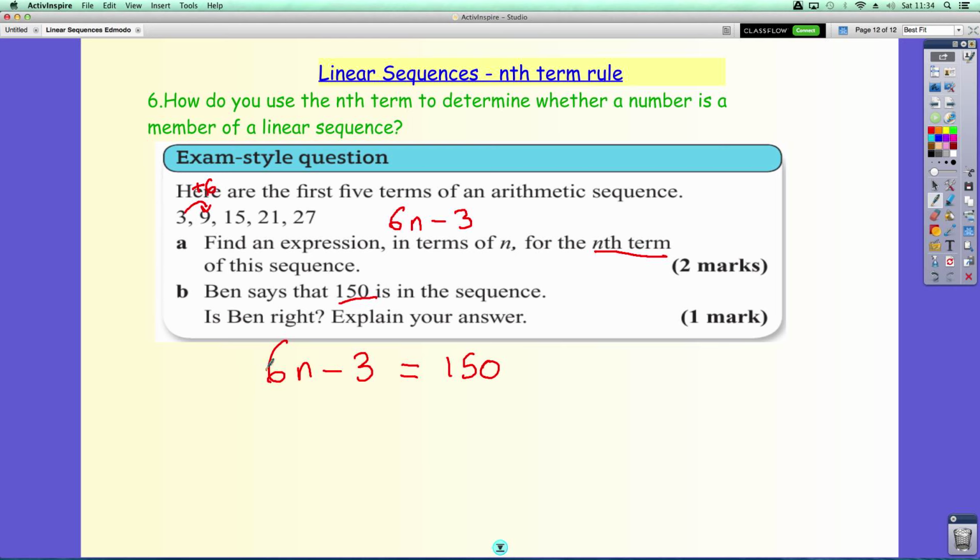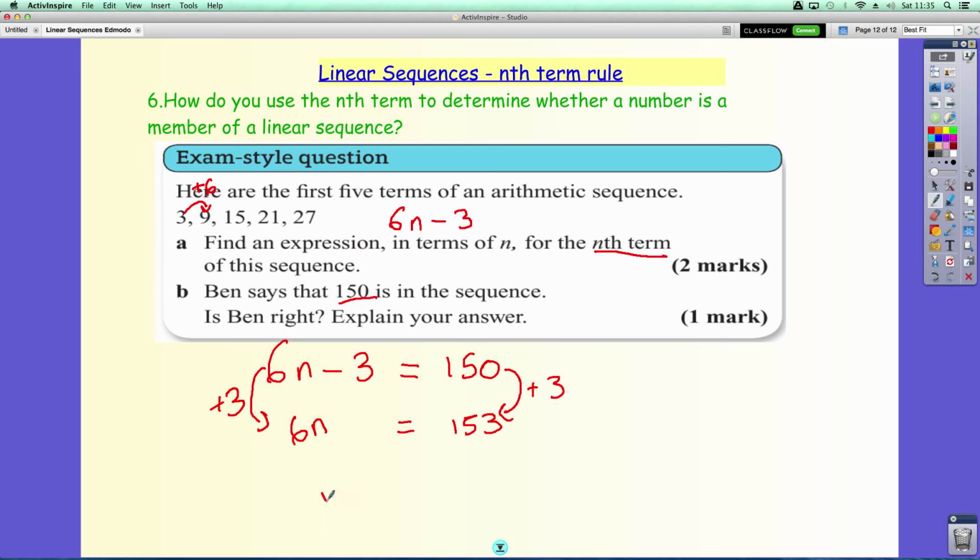Like we solve equations, I do the opposite because I'm trying to get n on its own. So add 3, but it needs to be done to both sides to balance. And so I end up with 6n, because the minus 3 plus 3 is 0, and then 150 plus 3 is 153. So 6n is equal to 153.